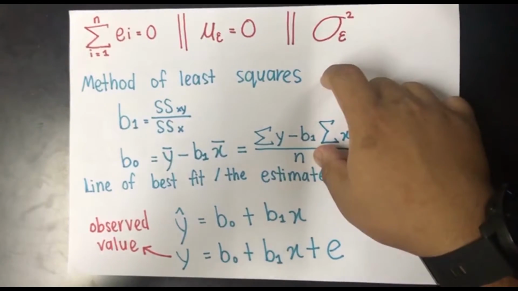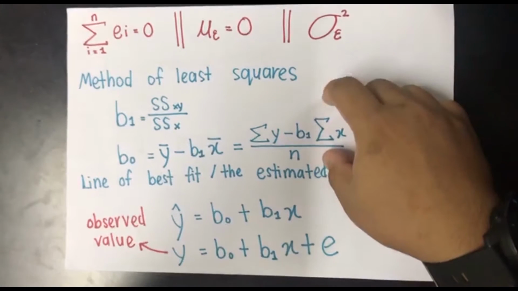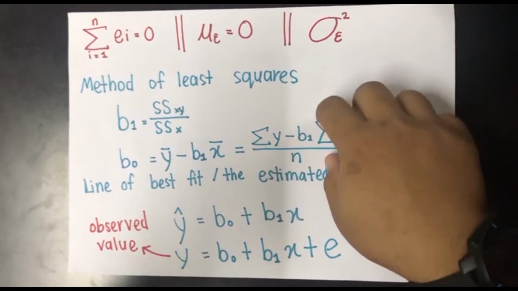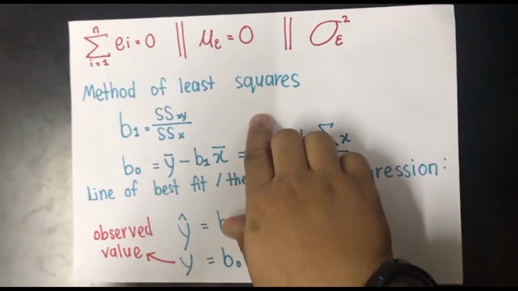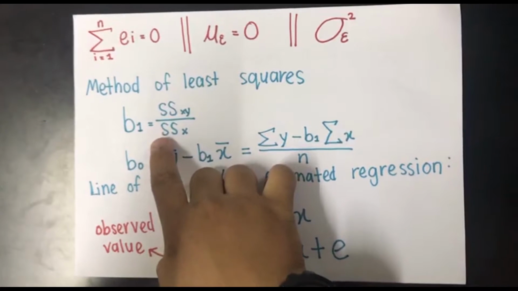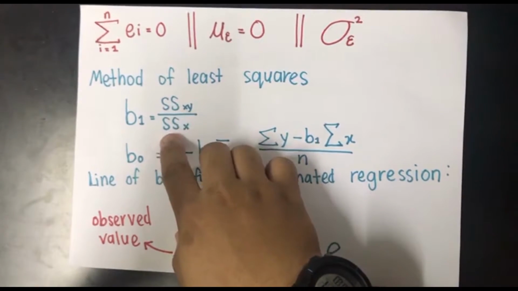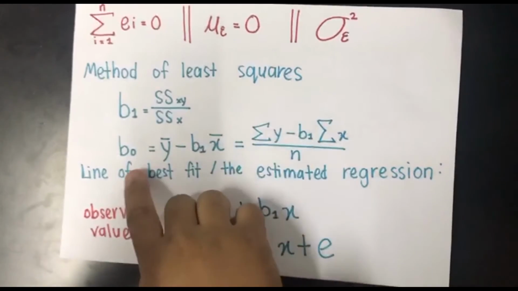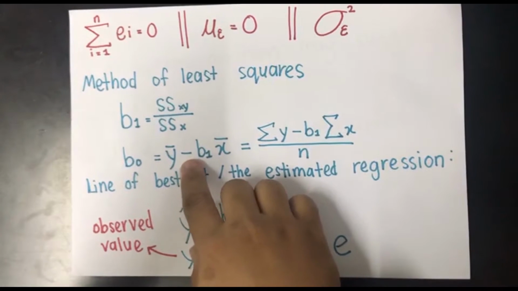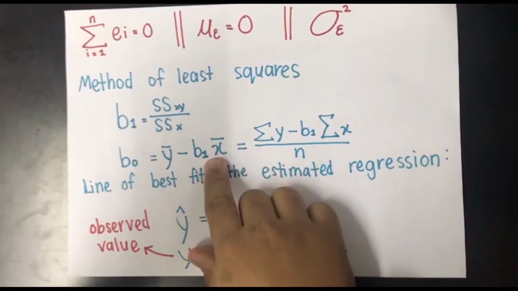And the regression model is estimated by using sample data, or it is also known as the method of least square. So B1 we got from the division of SSXY and SSX, and B0 by mean of y minus B1 multiplied with mean of x.